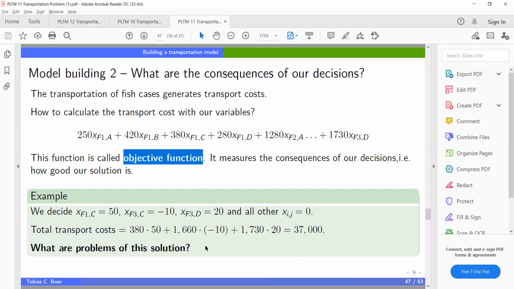What is wrong with this solution? What do you not like about this solution? What looks strange at this solution?